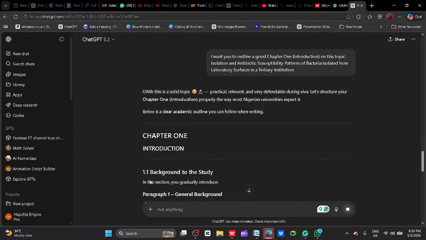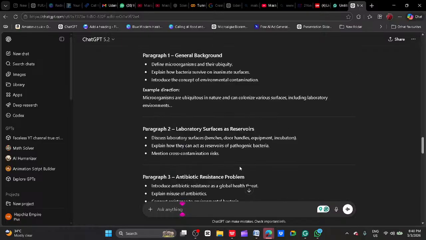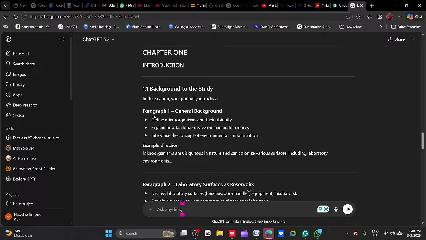The first paragraph should be a general background. Under that, you should define microorganisms and their ubiquity, that is, they are found everywhere, cosmopolitan. Then explain how bacteria survive on inanimate surfaces. Then introduce the concept of environmental contamination. So all this is going to be your paragraph one.